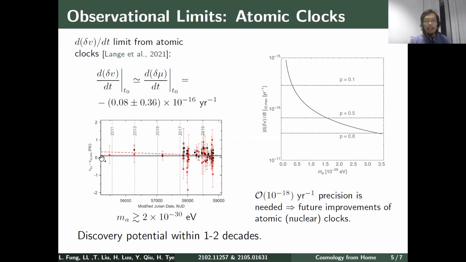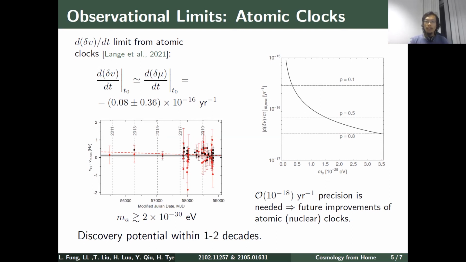Over a time span of around 10 years, the latest result constrains the drift of delta mu to order 10 to the minus 17 per year. This immediately gives a constraint on the axion mass of 2 times 10 to the minus 30 eV. But of course, this is by far not a real constraint on our model, because our benchmark is around 1 to 3 times 10 to the minus 29 eV.